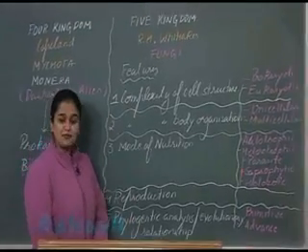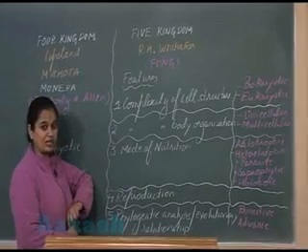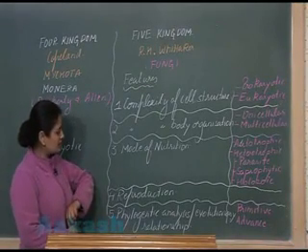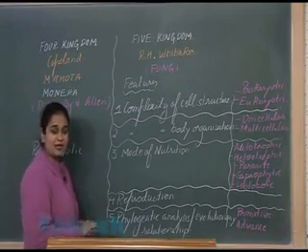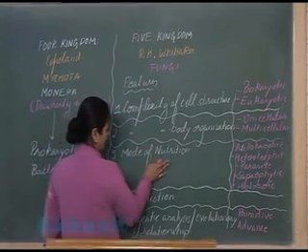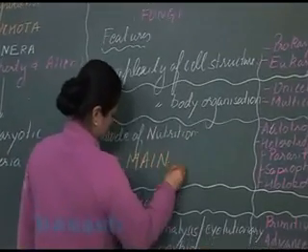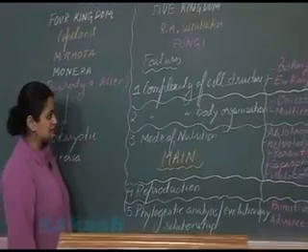Yes, so these are the 5 criteria on the basis of which Whittaker gave the 5 kingdom classification system, and amongst these 5 criteria, which is the main criteria for classification? This one, mode of nutrition, the main criteria for classification, right?